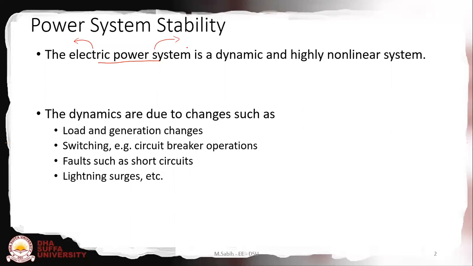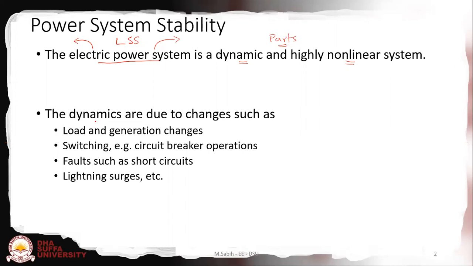So it's a large scale system. I should repeat, due to the large scale, the electrical power system is a highly dynamic and highly nonlinear system. So when we study, we study it in terms of different parts, and then we join them together.